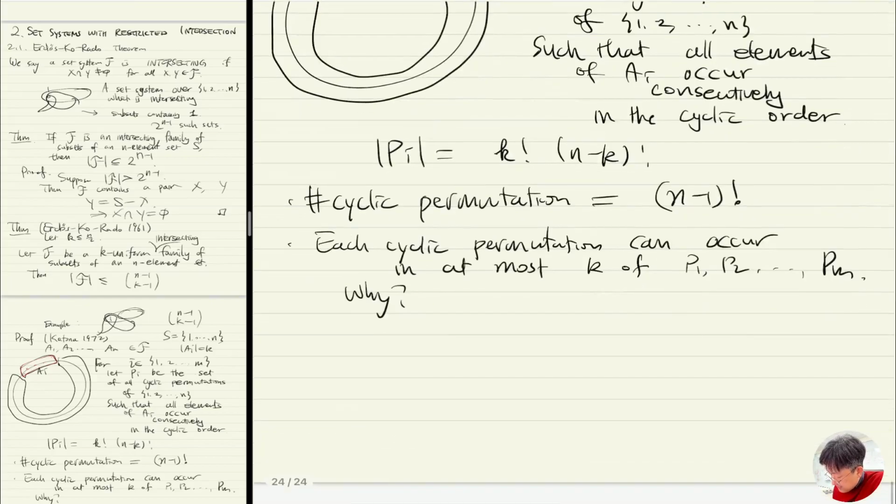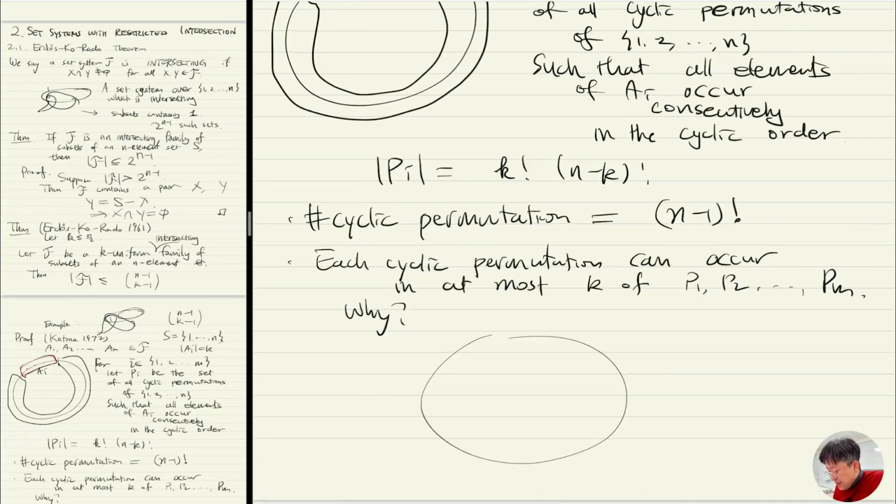Why? Imagine that I have one cyclic permutation. Suppose it's in Pi. So that means Ai occurs consecutively. And if it's in Pj, then Aj occurs consecutively. But Ai intersection Aj is non-empty. So how is it possible?